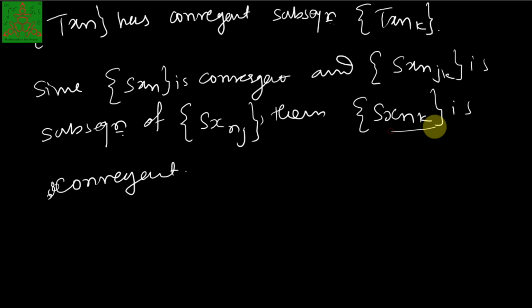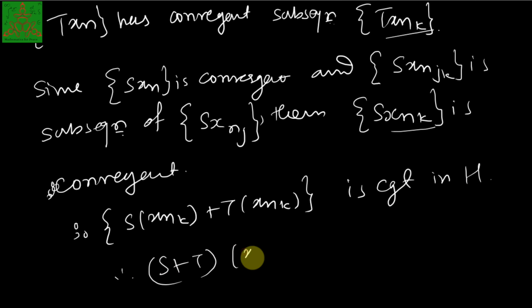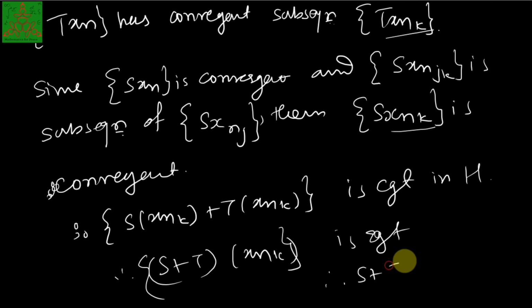So S x_nj is convergent, this is also convergent, and the sum of two convergent sequences is also convergent. Therefore I can say that S x_nk plus T x_nk is convergent. Therefore S plus T of x_nk is convergent and therefore S plus T is compact.